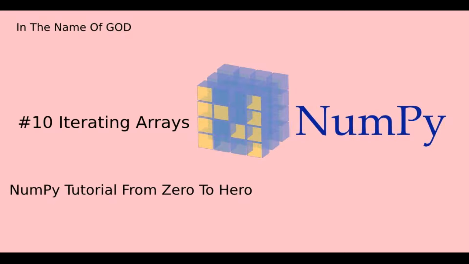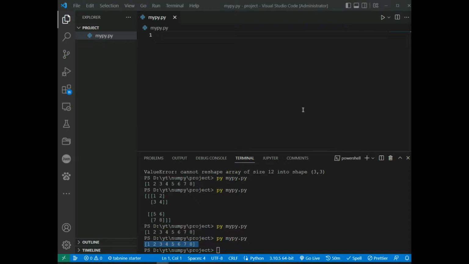Hey guys, in this part we talk about iterating arrays in NumPy. Iterating arrays. Iterating means going through elements one by one. As we deal with multi-dimensional arrays in NumPy, we can do this using the basic for loop of Python. If we iterate on a 1D array, it will go through each element one by one.